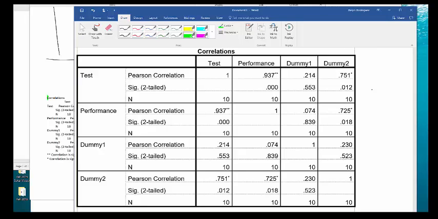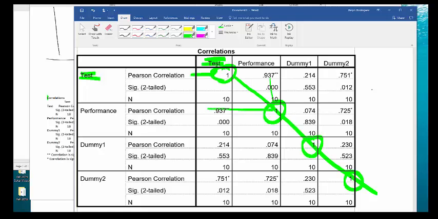Number one, see down the diagonal here? We have a 1, a 1, a 1, and a 1. Going down the diagonal are all 1s. Why is that? Because going down the diagonal, we have everything correlated with itself. Test and test, correlation of 1.